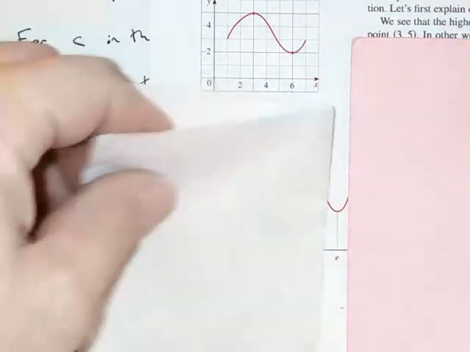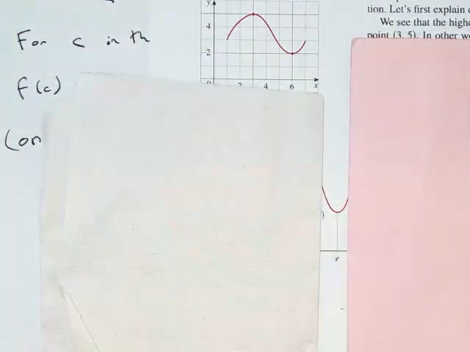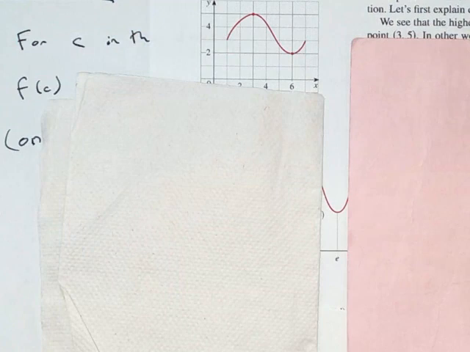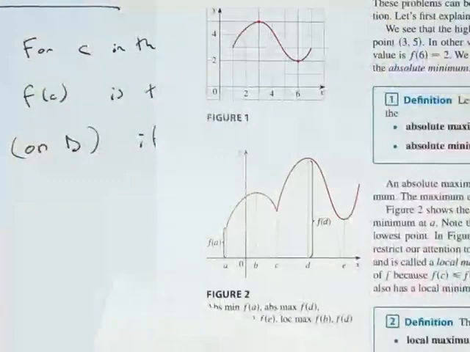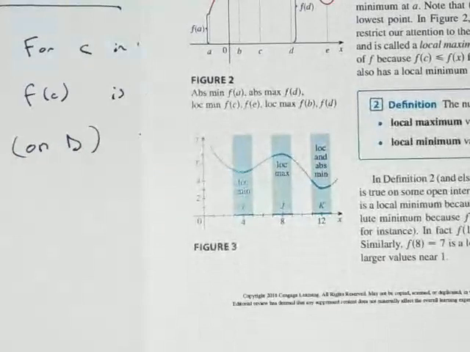Same thing with e. By changing my viewing rectangle, for lack of a better term, I can look locally for an extreme. And that's what we're going to call these local or relative extremes.